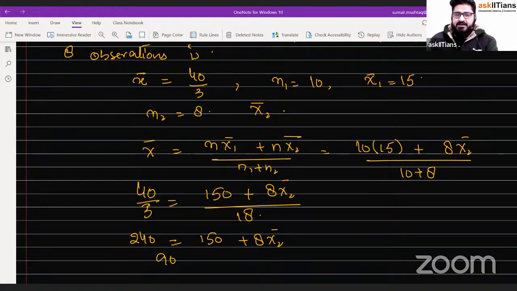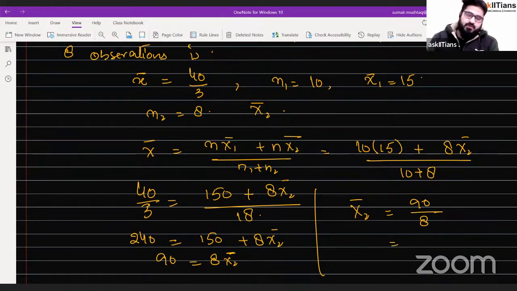This is equal to 90 is equal to 8 x2 bar. So x2 bar will be equal to 90 divided by 8, that is equal to 45 divided by 4, that is equal to 11.25. That is your x2 bar. Is that okay? Yes, Umair, Prisha, correct.